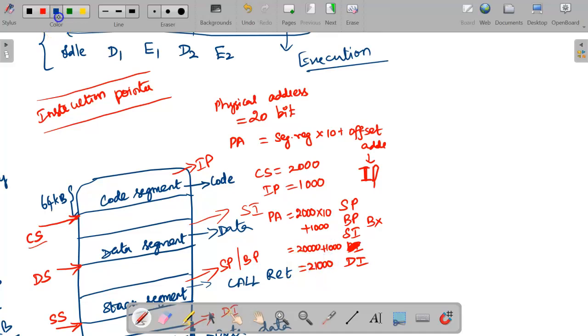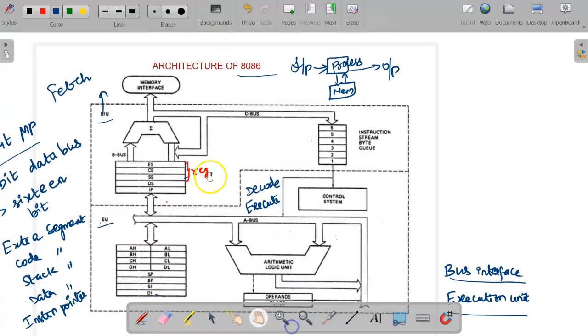Like this we can calculate the physical address. But we are doing this manually; automatically the 8086 will do it by itself. This physical address calculation will be done by the 8086. It is not necessary for us to do. For doing that only, we have this bus interface unit.